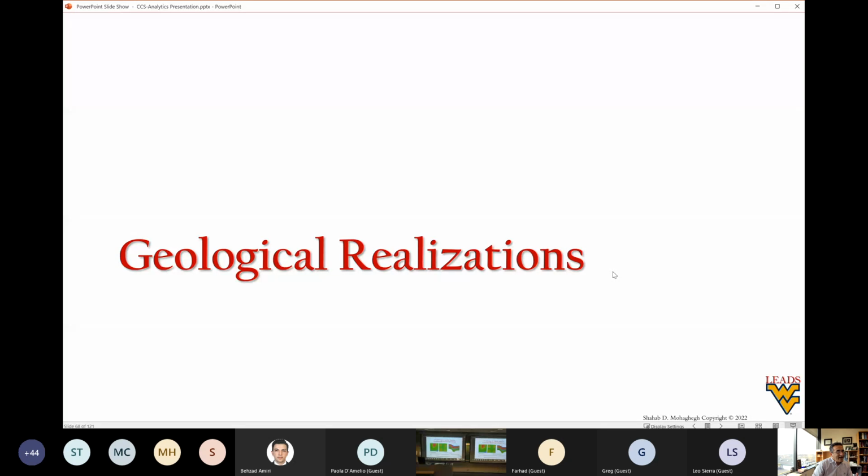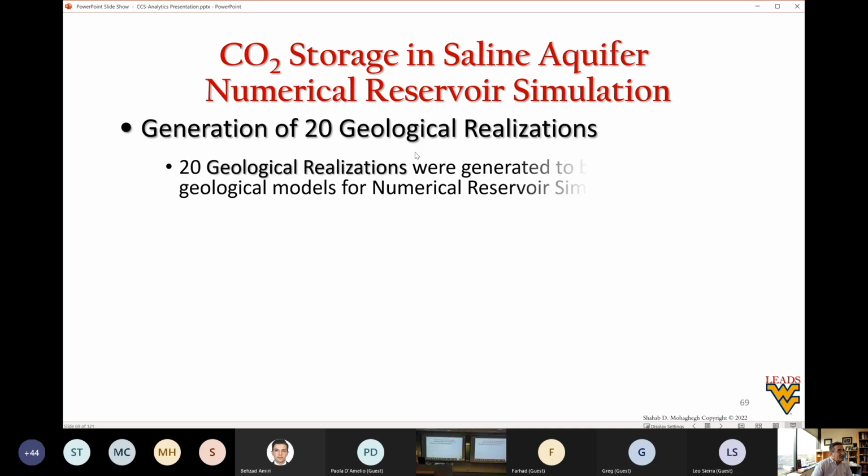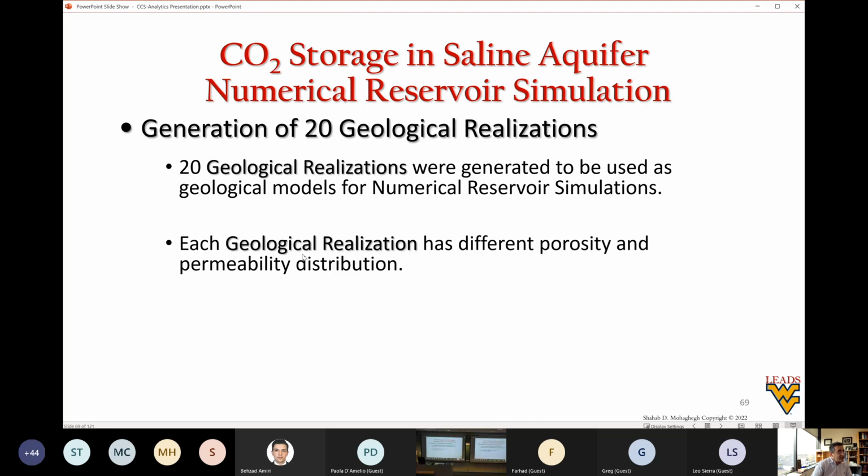So with that information, one more thing I need to share with you before I show you the results is the geological realization. We were asked to generate 20 different geological realizations for those 20 different simulation runs that have different injection. These 20 geological realizations were generated to be used as geological models for numerical reservoir simulators.